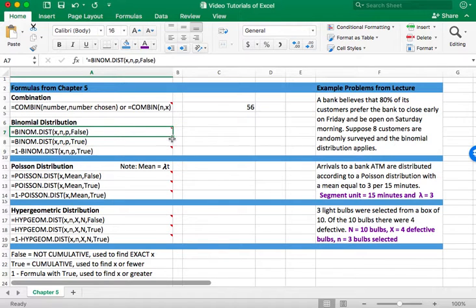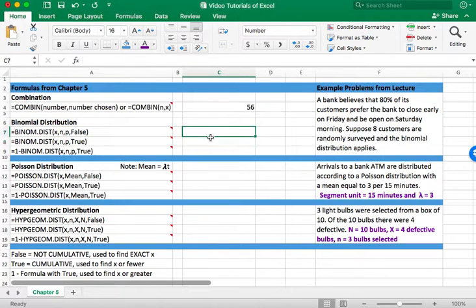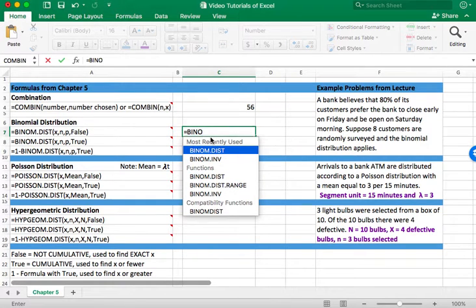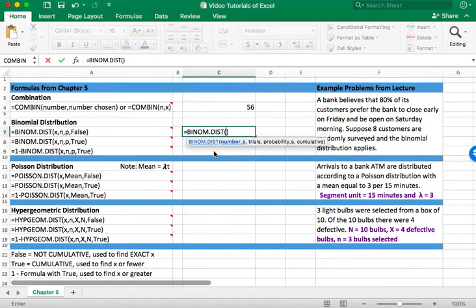So let's go ahead and type in our formula. So we'll do equals binom, and you'll see again it tries to pre-populate. We want the distribution one. Our number, or our x that we're interested in, is 3 customers. The number of trials, or n, is the 8 randomly selected customers.